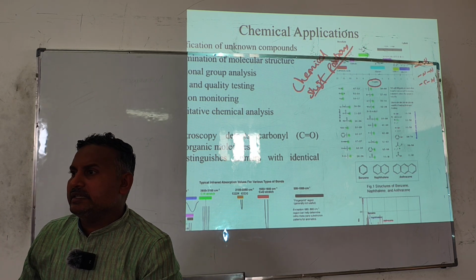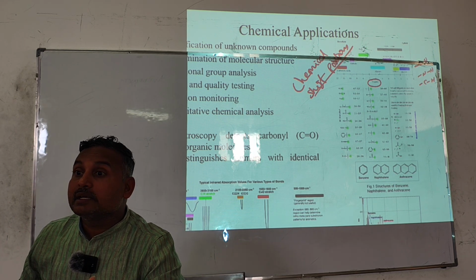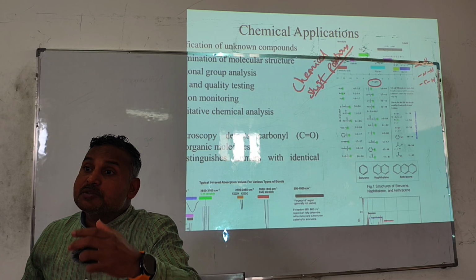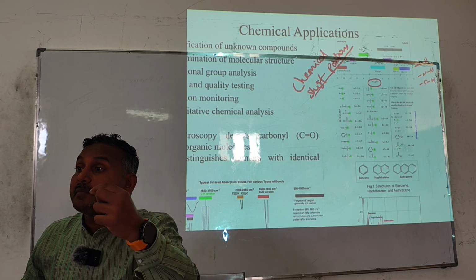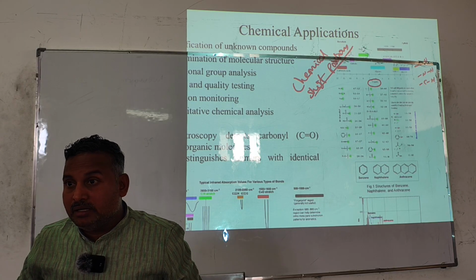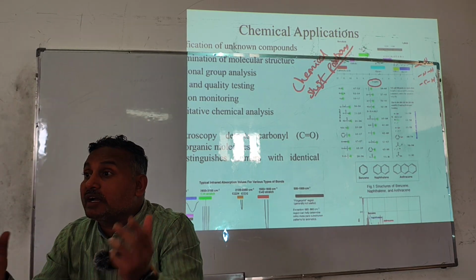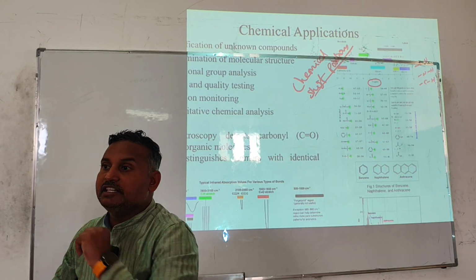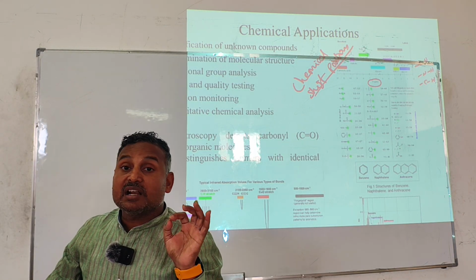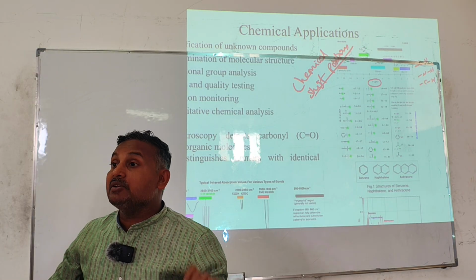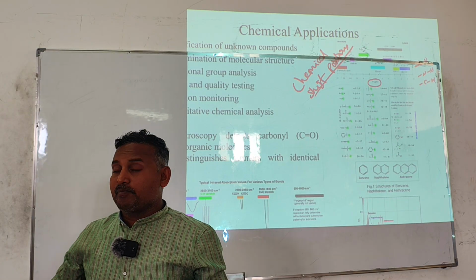Then you need to start interpreting. Each spectrum gives different information about the compound, and you can build the structure of an unknown compound using these spectra. That is called structure elucidation. Structure elucidation can be done using these techniques.